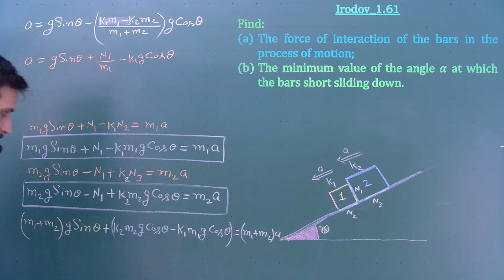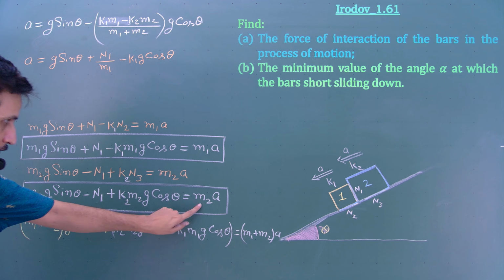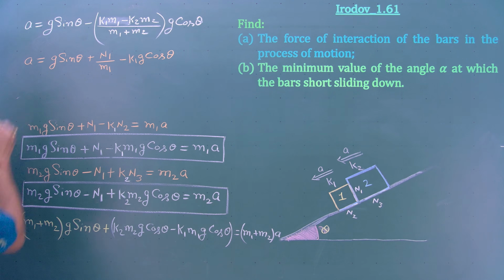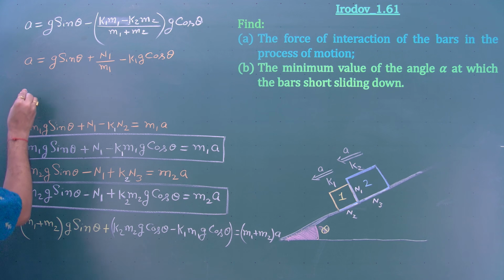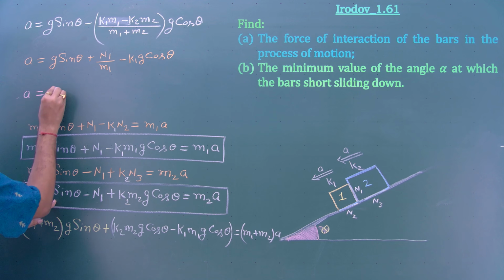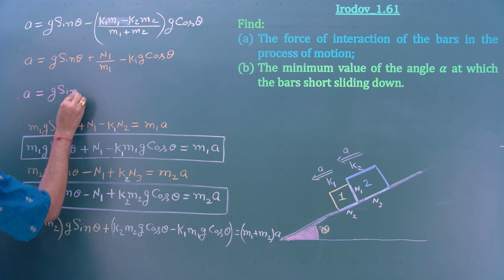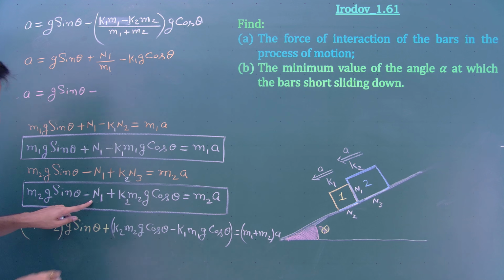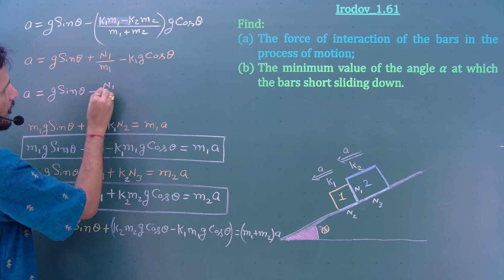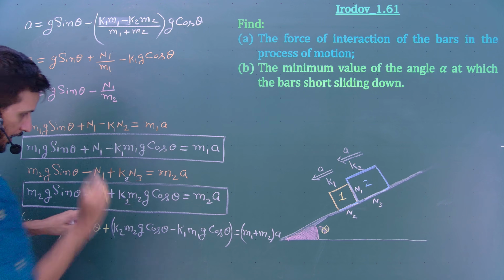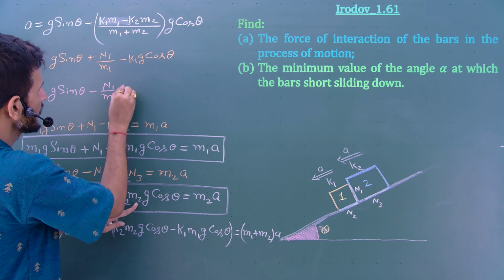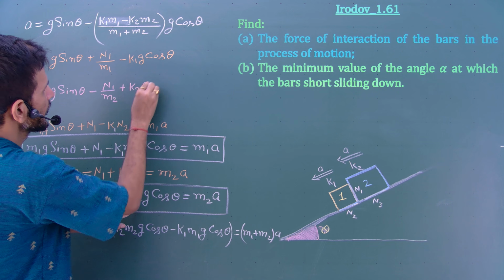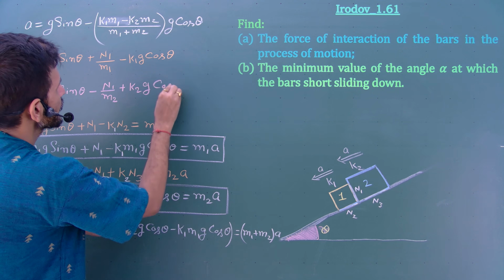Okay. Now remove the m2 from this part. So again a is equal to g sin theta minus n1 by m2, and m2 will be cancelled out. So plus k2 g cos theta.